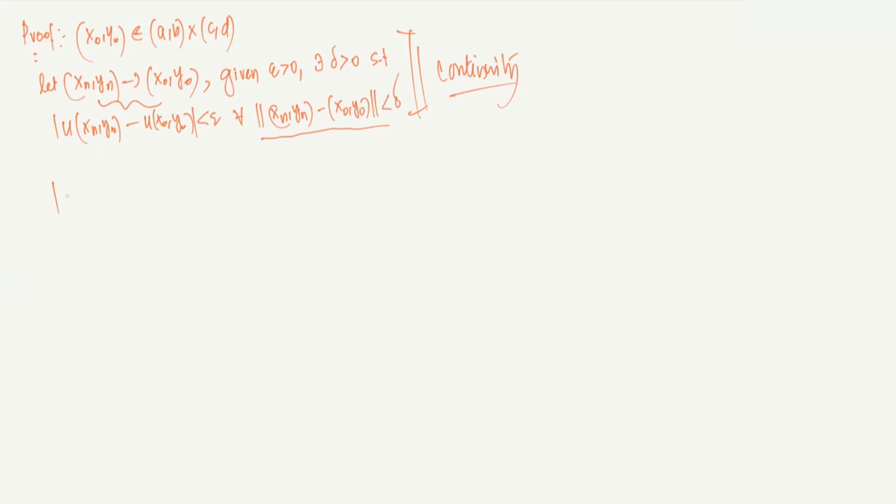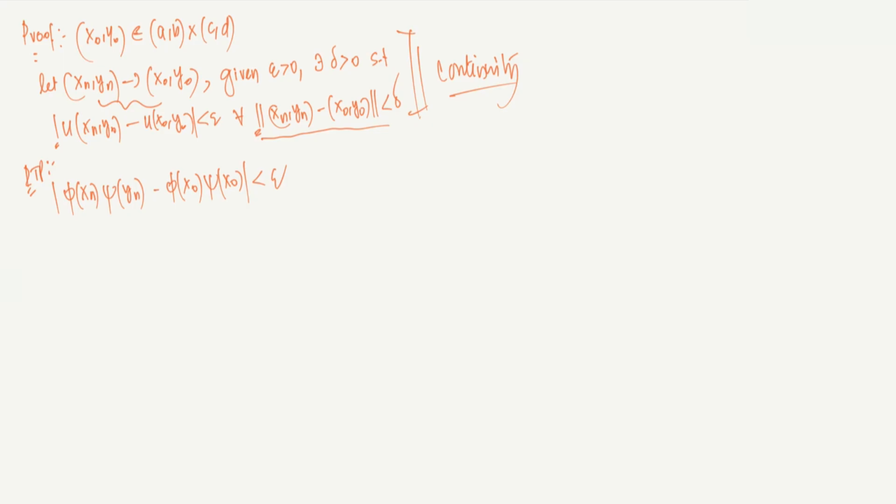It means that |phi(x_n) psi(y_n) - phi(x_0) psi(y_0)| we have to make less than epsilon. Notice one thing. This is just a modulus, because u at some point is going to be a real number, so that is just a mod. But here (x_n, y_n) and (x_0, y_0) are vectors, so basically the difference of two vectors, you have to take the norm in R^2. So I have to show this: for given epsilon, show that the difference is sufficiently small.